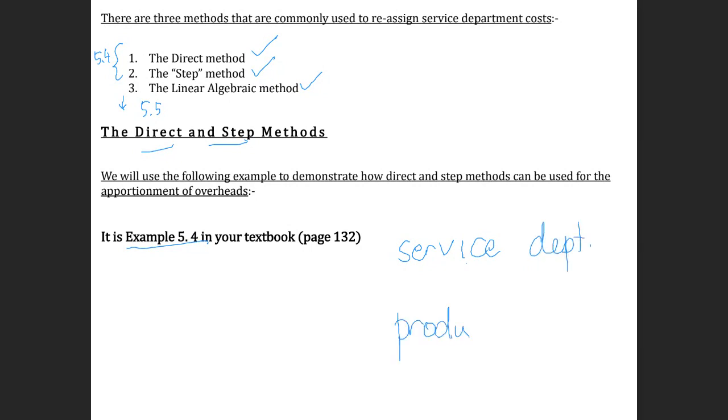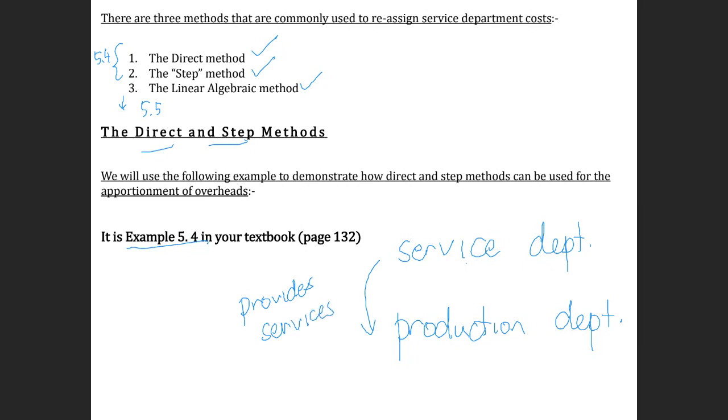So what happens here, and I explained this to you just now when we looked at the heading of the section, the belief is here that the service department provides its services to the production department as well as other departments, and it is not free of charge.